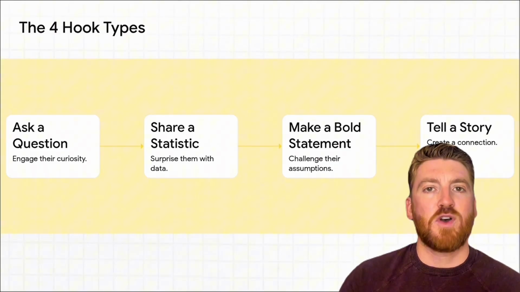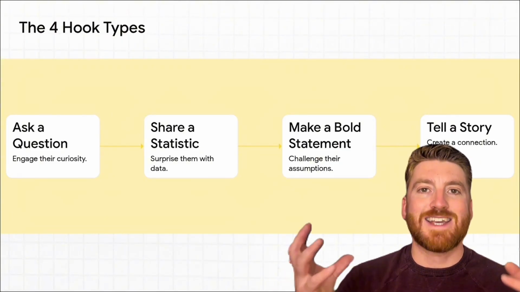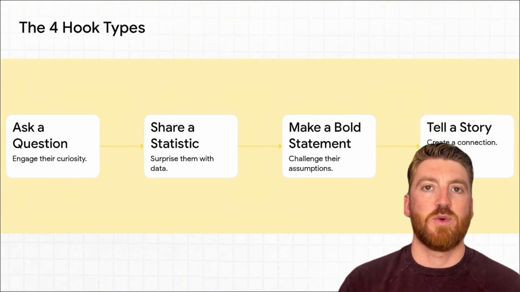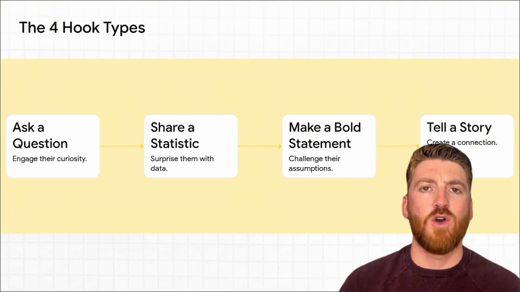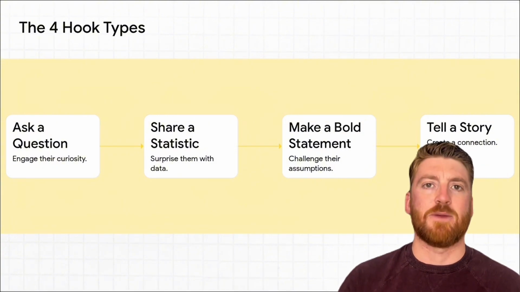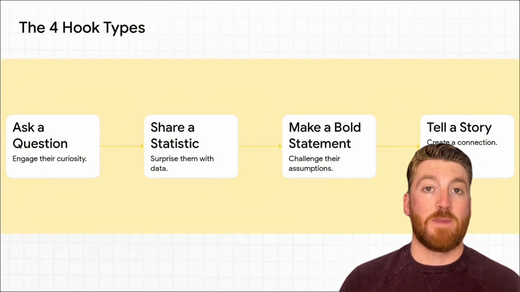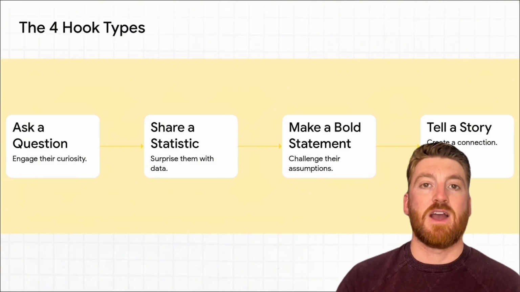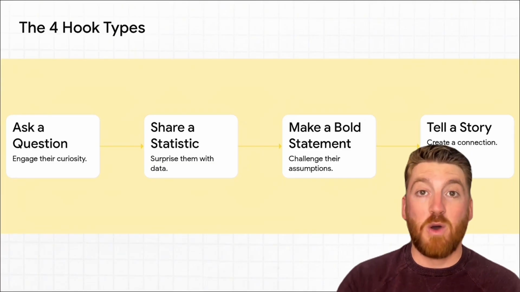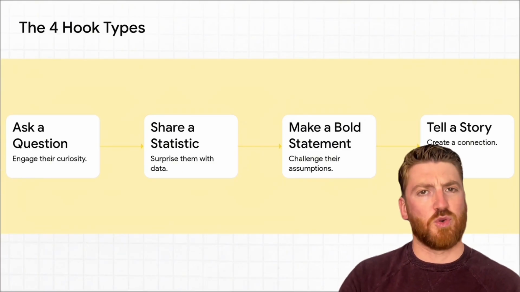Instead, those first few seconds should be to catch the attention of the audience. And you want to use one of the 4 main hook types. What are they? Well, I've made a whole video about hooks. You can find it here. But briefly, they are a question, a statistic, a bold statement, or a story.